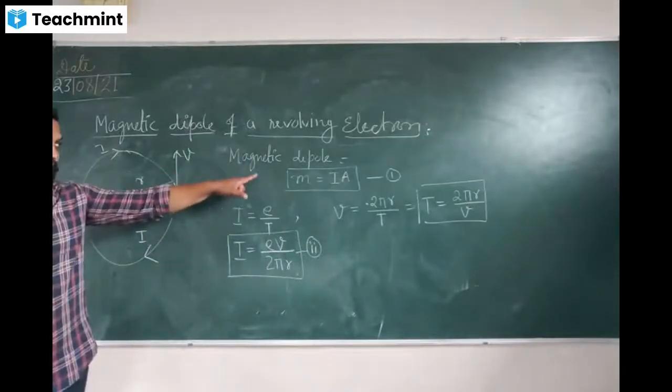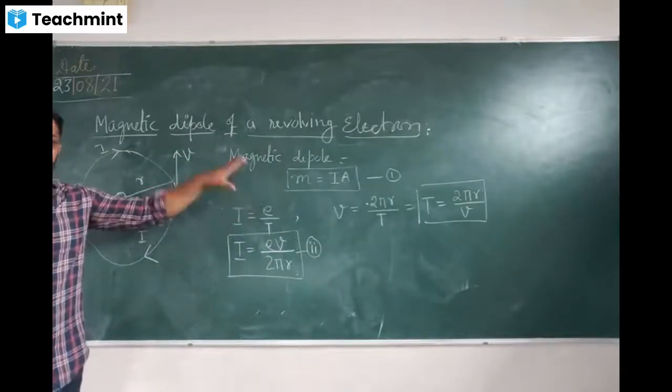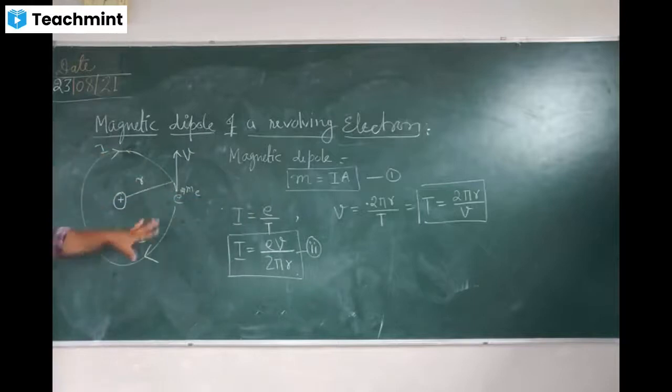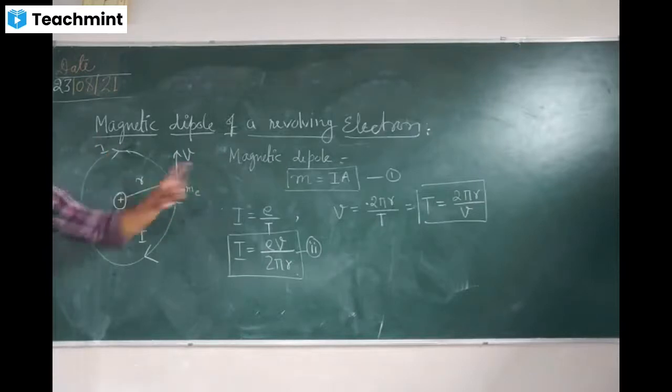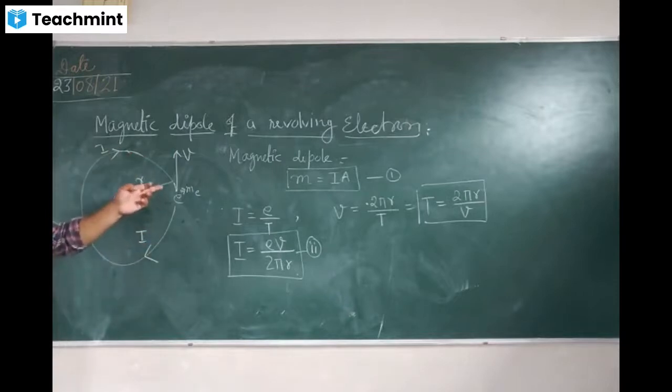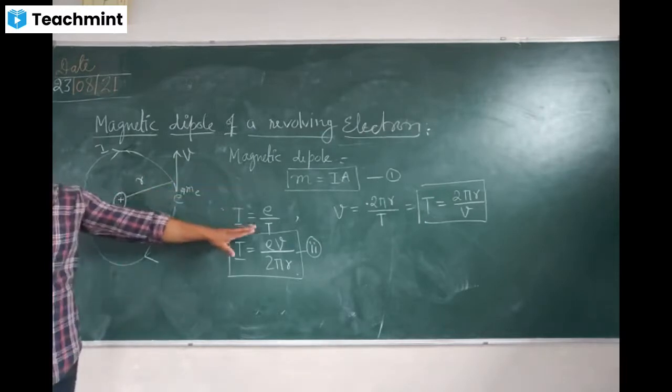The formula of magnetic dipole moment is M equals I times A, where the charge is flowing in a circular path with velocity v and the radius of the circular path is r. So it will cover a distance of 2 pi r to complete one complete revolution, and it will take time T. Now we know that current equals charge per unit time.